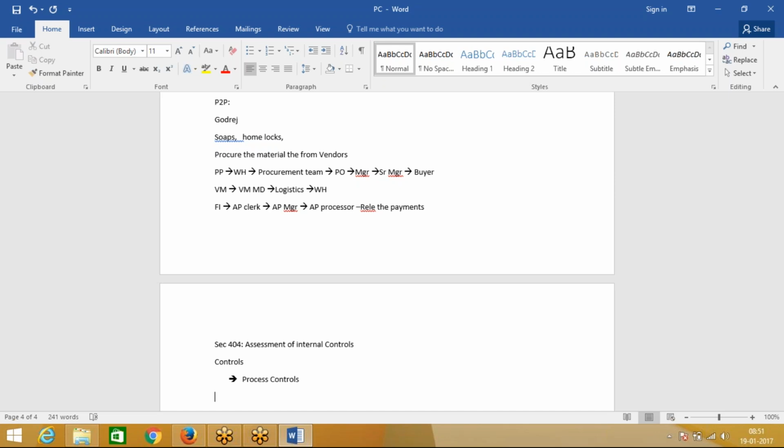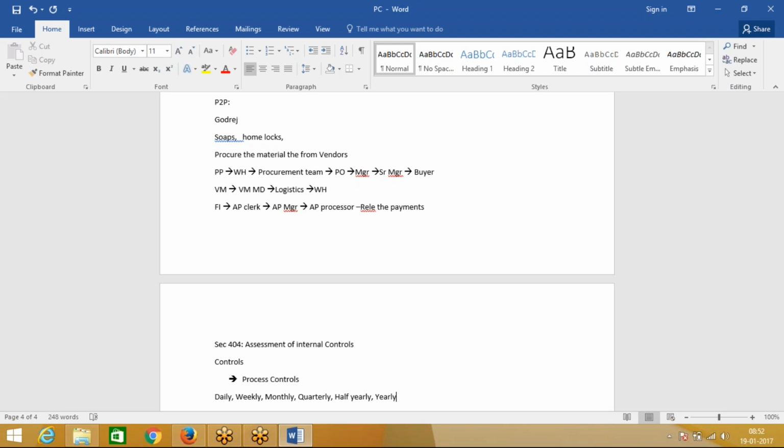So these controls we can set up in different time frequencies: daily, weekly, monthly, quarterly, half yearly, yearly.